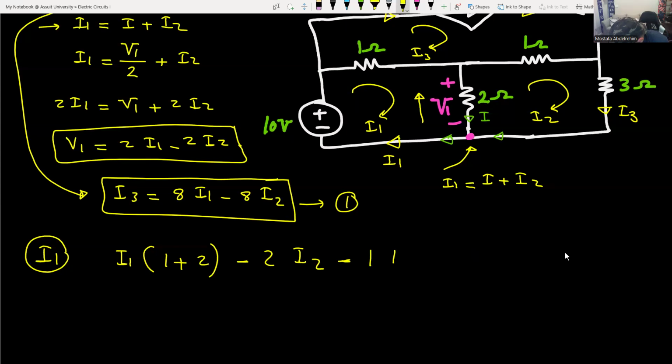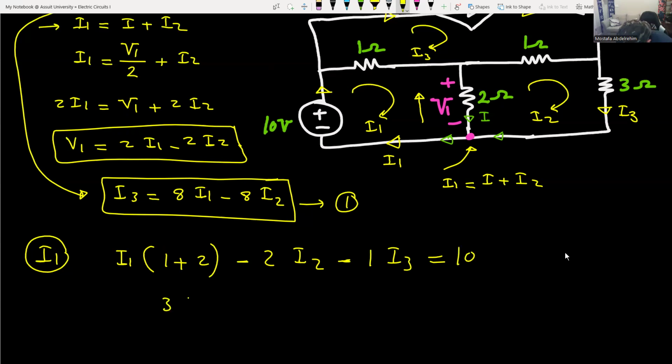So 1 multiplied by I3 equal to the summation of voltage sources, and the voltage source that you have here is just 1, and the current is flowing in the same direction as the current going out of the battery. So basically it is positive, so equal to 10. Let's simplify it.